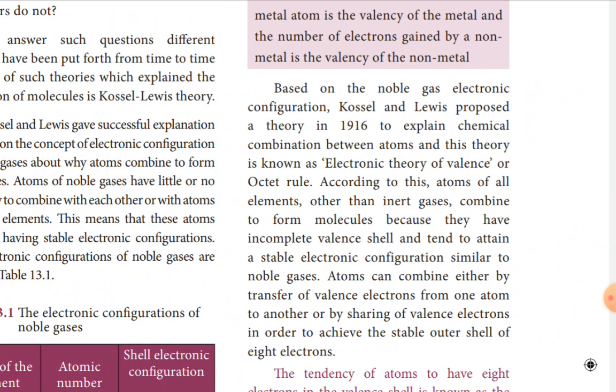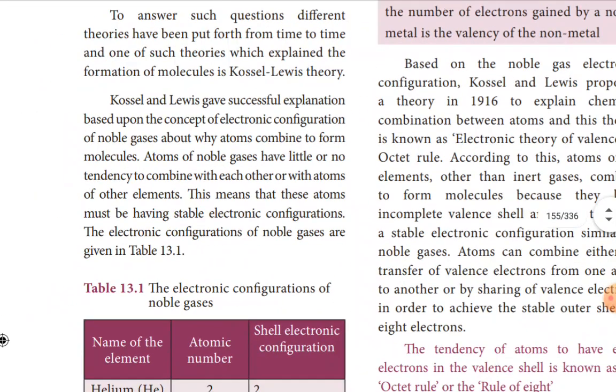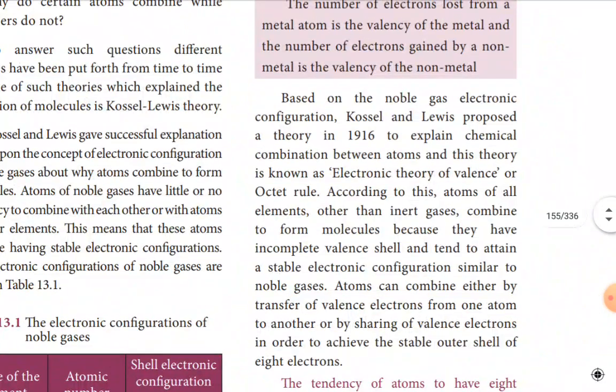So atoms are always in an incomplete valence shell. To attain this stable electronic configuration, they are going to combine with one another. That's why the atoms combine. Then, next question: how do atoms combine?